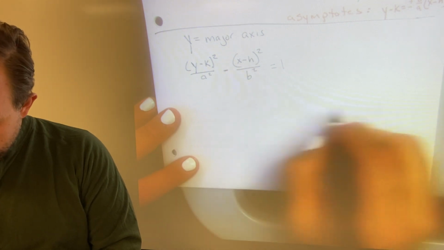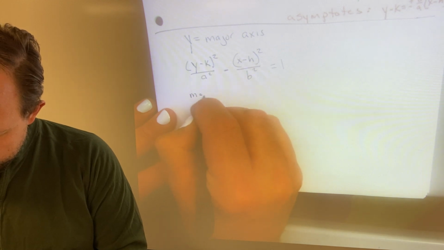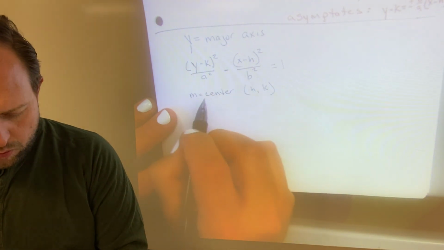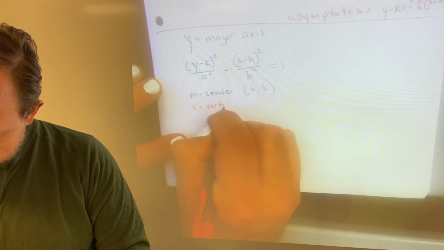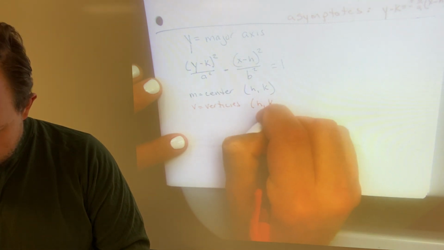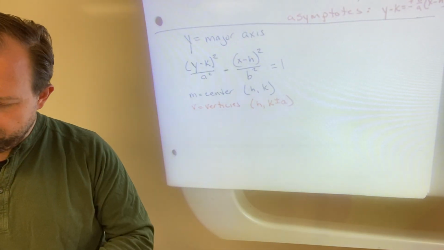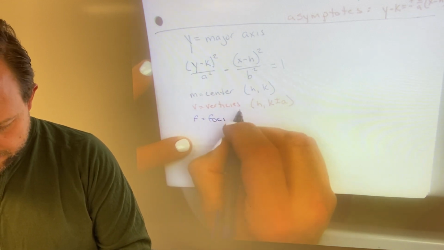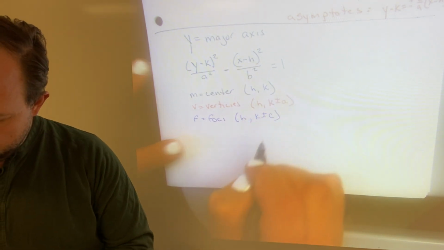We get all the same parts again. We get that our center M is at h comma k. We get that we have vertices of h comma k plus or minus a. We get foci at h comma k plus or minus c.